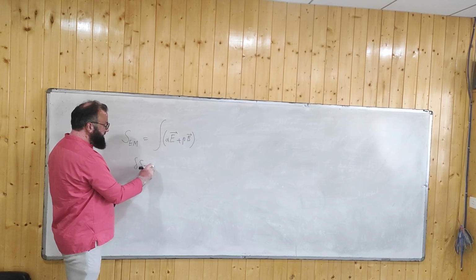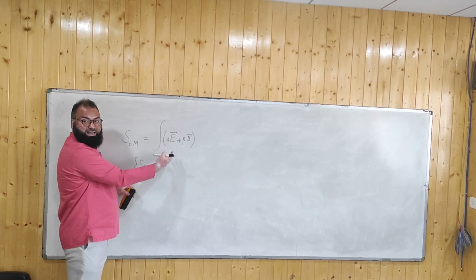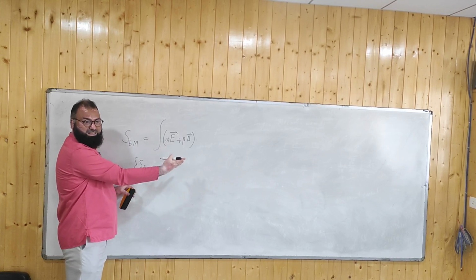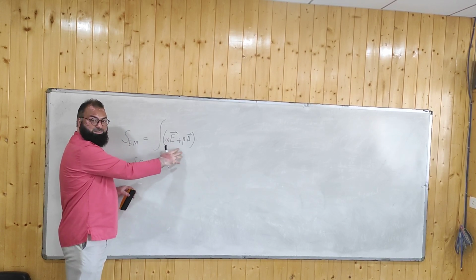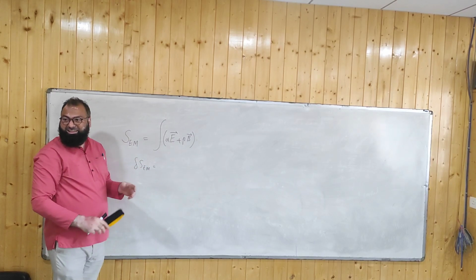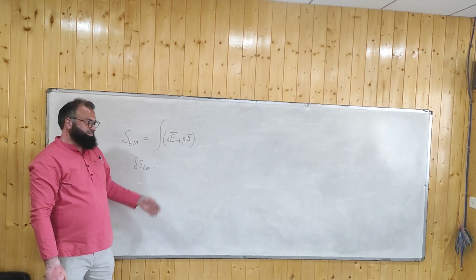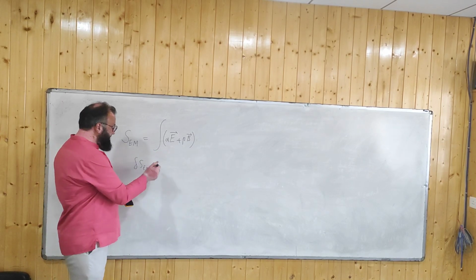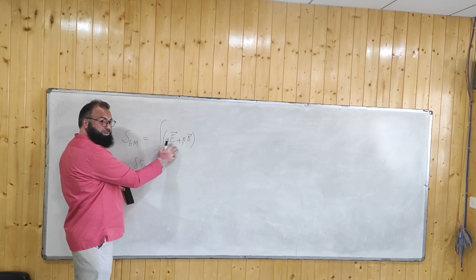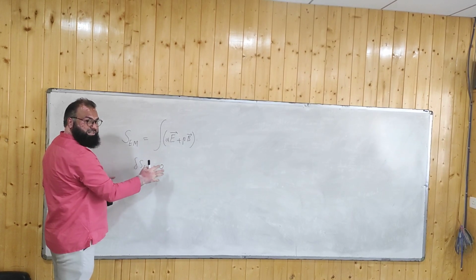Now let's vary the action. What will happen? I am varying the action with respect to the fields. So what will I get? I will simply get the constant terms, is it? Just tell me what it will give me. If delta S is equal to 0, I am varying with respect to E and B. So I need to differentiate this thing.